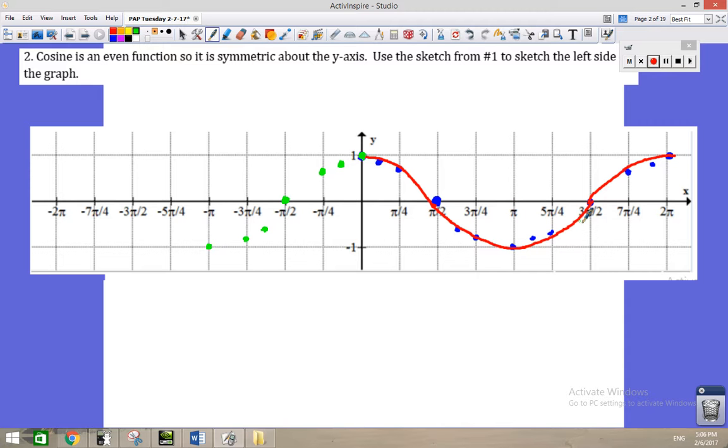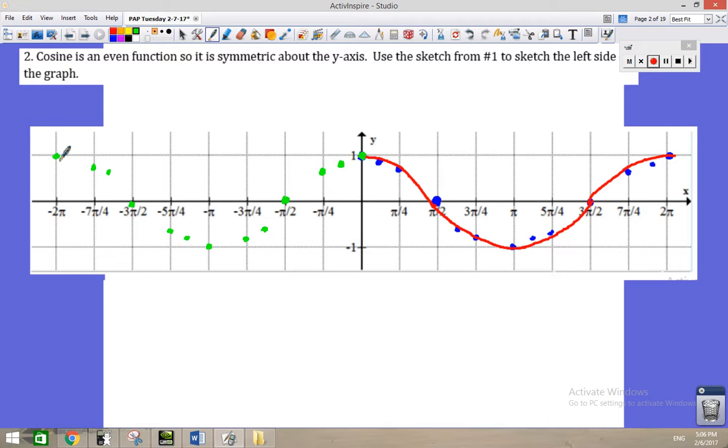And now I start going up. So I'm here, here, here, and then about right there, about there, and there.